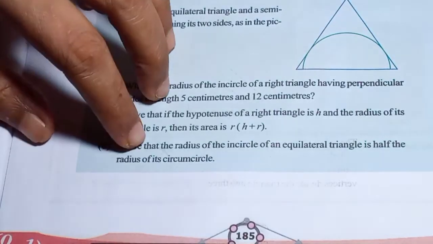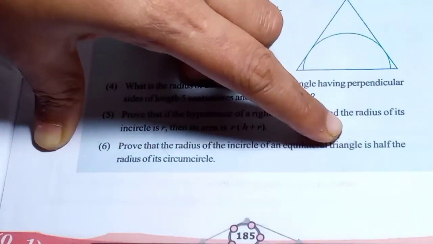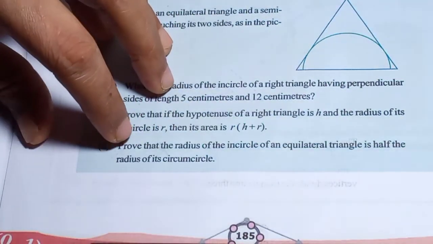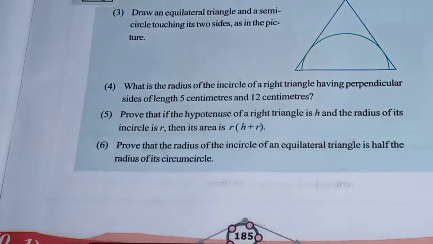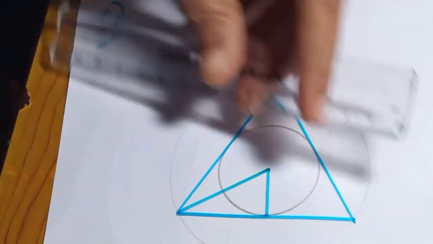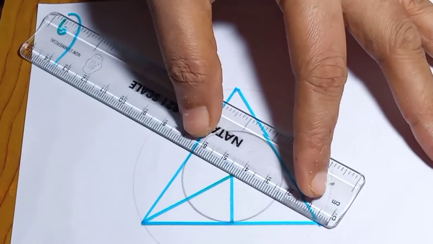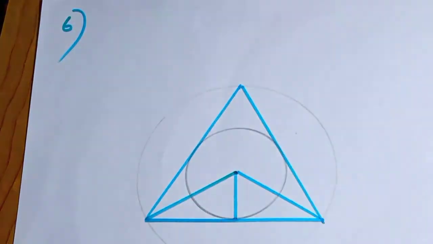Last question. Prove that the radius of the incircle of an equilateral triangle is half the radius of its circumcircle. The incircle and the circumcircle of an equilateral triangle are shown in the figure.